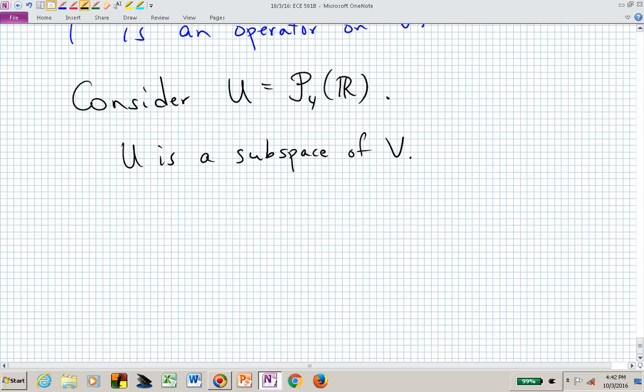And now let's pick a vector in capital U. What's that mean? What's the vector U? It's a polynomial that's fourth order, or it lives in P4. So it could be as big as a fourth order, it could be a second order, it could be a first order, it could be a constant.